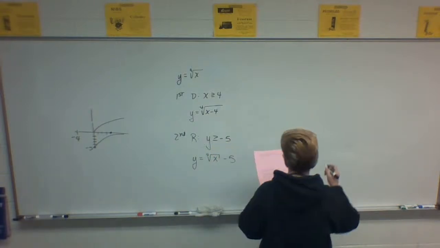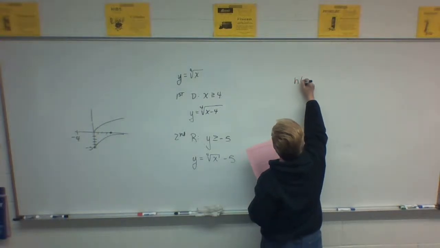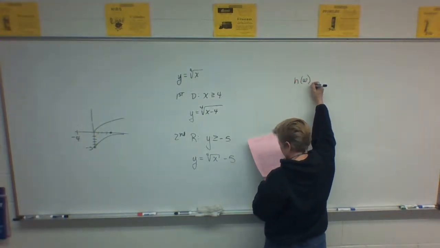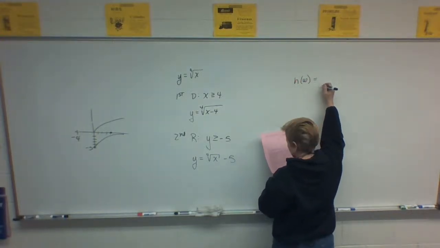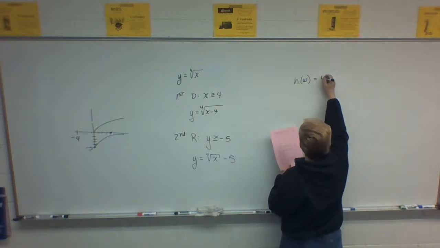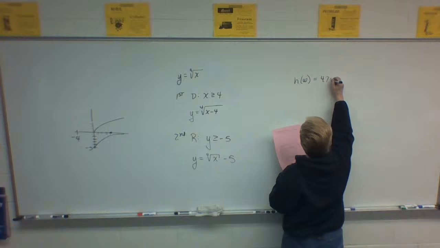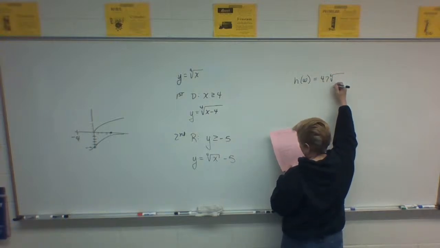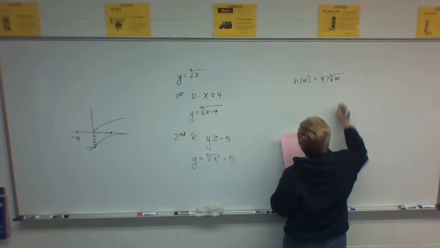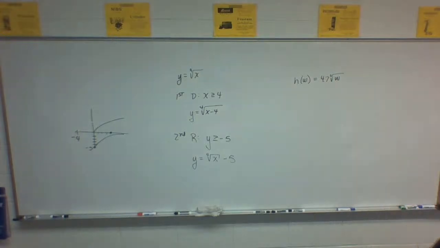And the equation is something like this. The height as a function of weight, that's what that means, is equal to something like, I'm going to say 4.7 fifth roots of W. I have no idea if this will work out.